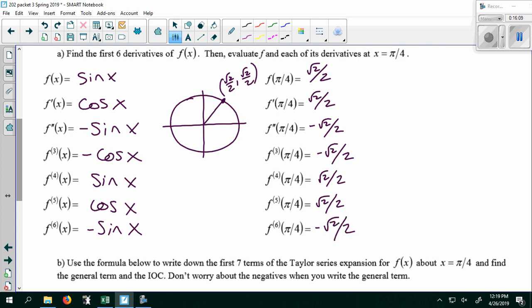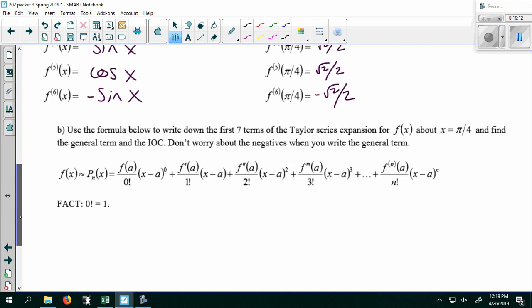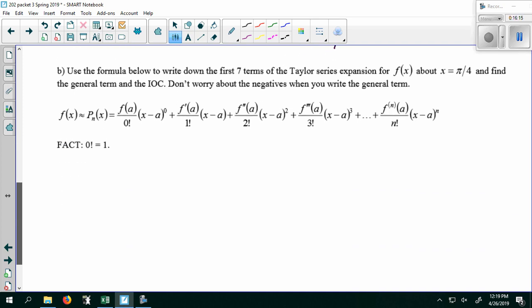Now I'm going to plug all of those f and f prime values into this formula. So f of pi over 4 is root 2 over 2 over 0 factorial times x minus pi over 4 to the 0. Plus the first derivative was root 2 over 2 over 1 factorial times x minus pi over 4 to the first.